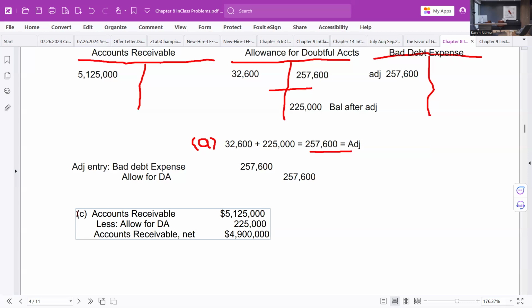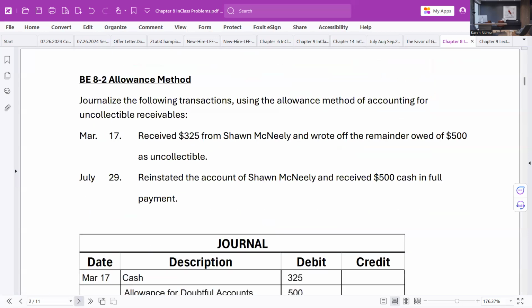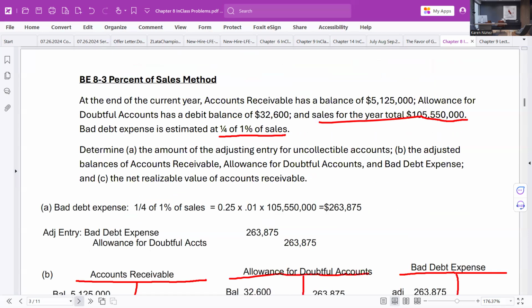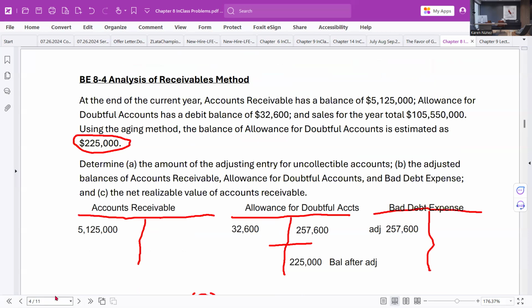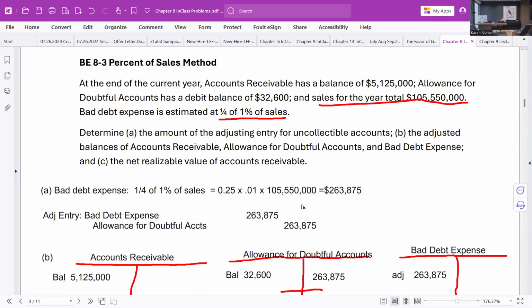We've seen the allowance method using the percent of sales and using the analysis of receivables. So again, if I could emphasize what happens with the percent of sales method, our adjusting entry is just based on the percent of sales, right?